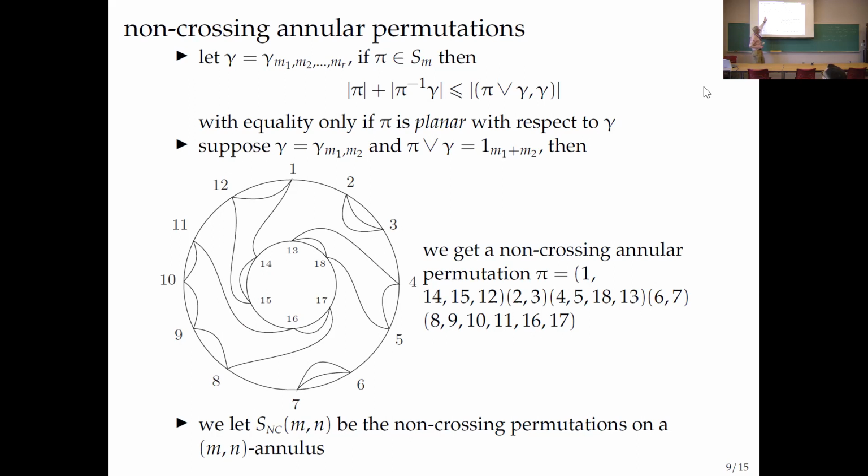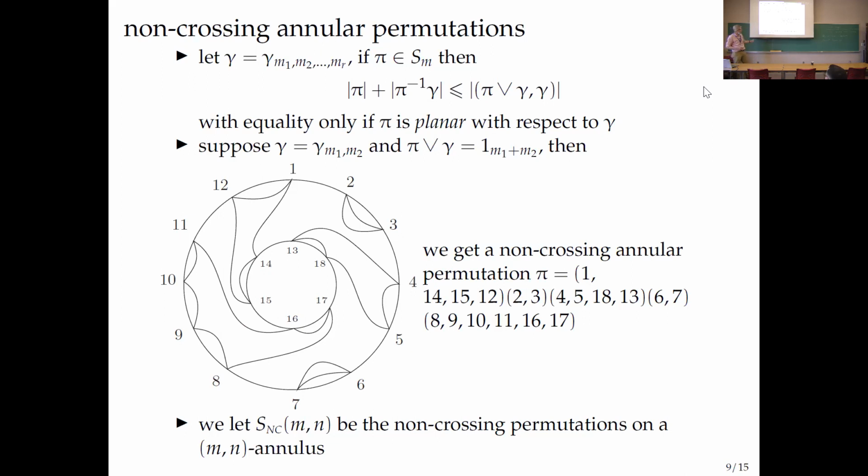Because gamma has two blocks, one here and one there, and after suping, there's only one block. That must mean a block of pi connects the two blocks of gamma. Or in the picture, it just means there's at least one block that goes from one circle to the other. I didn't put arrows on here, but you go around each thing in clockwise orientation in this picture.